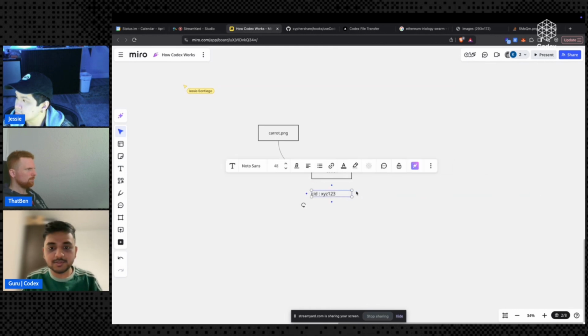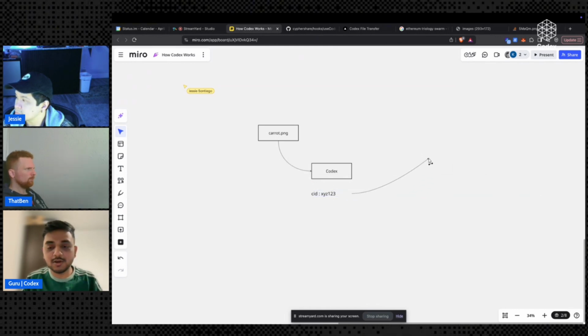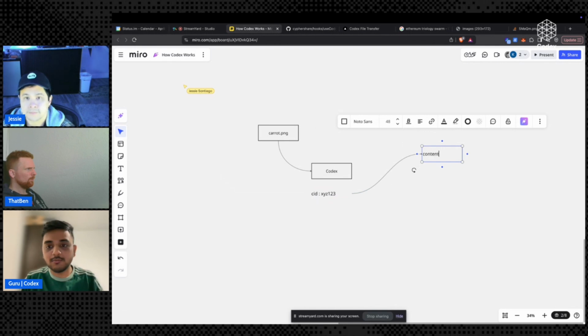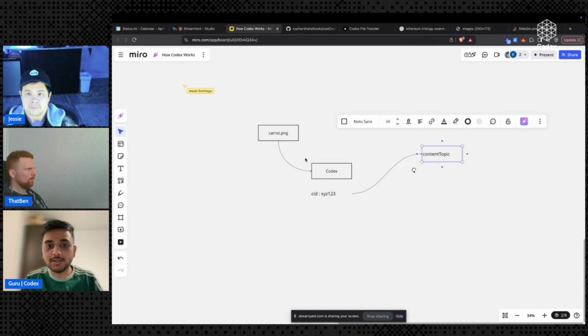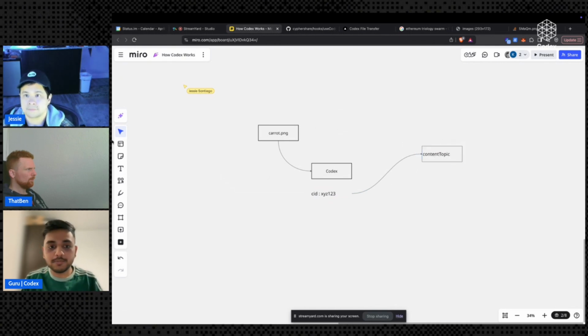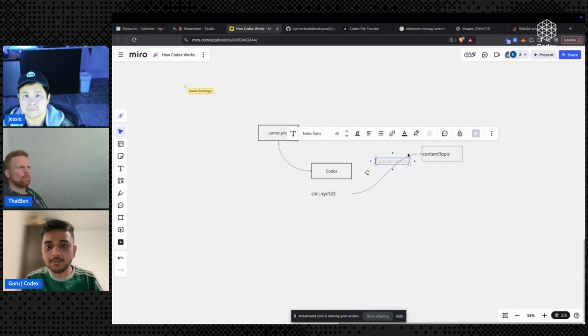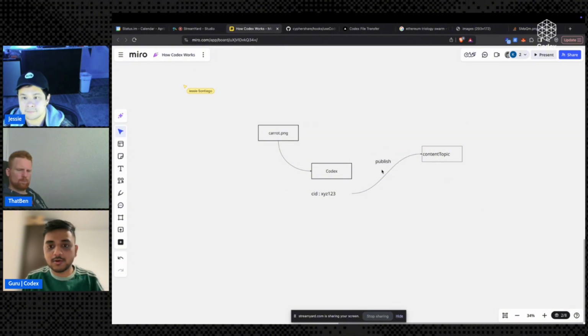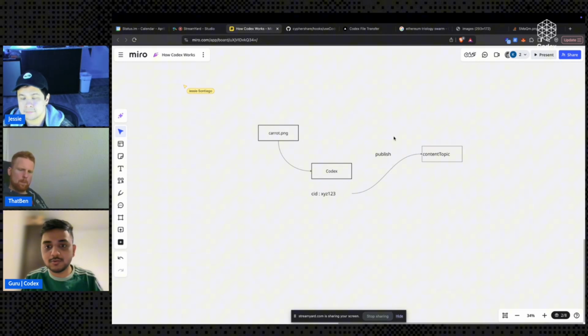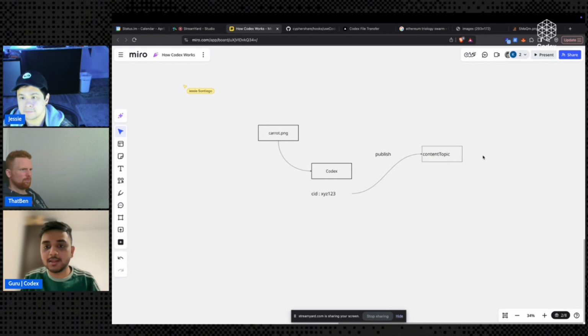And this is being communicated to the content topic in Waku, and there can be multiple people who publish and subscribe. That's how we call communications with Waku. There can be a peer which publishes a particular object into a content topic, and there can be multiple peers listening to the content topic.